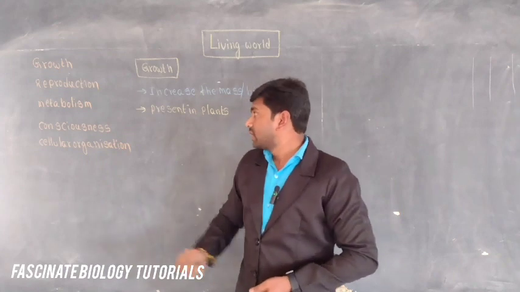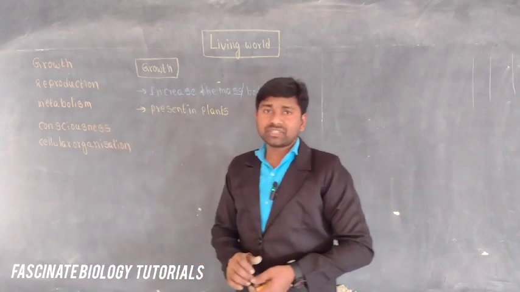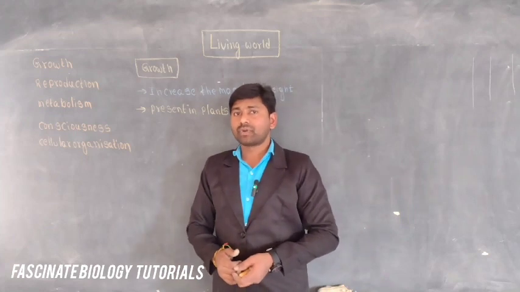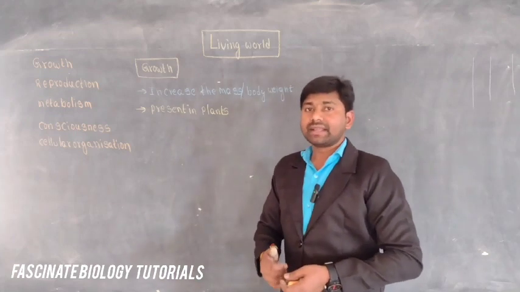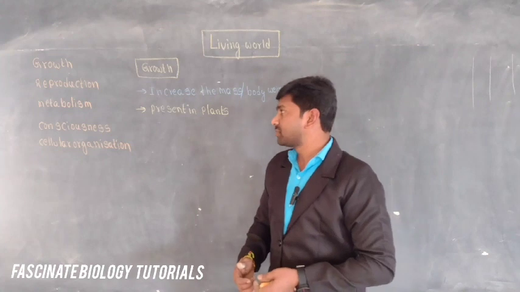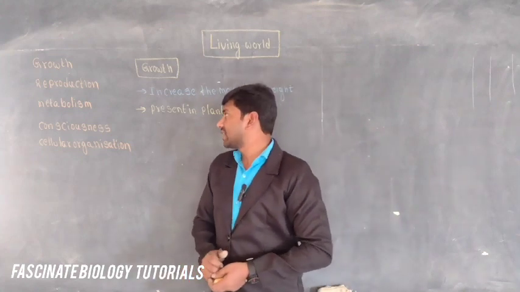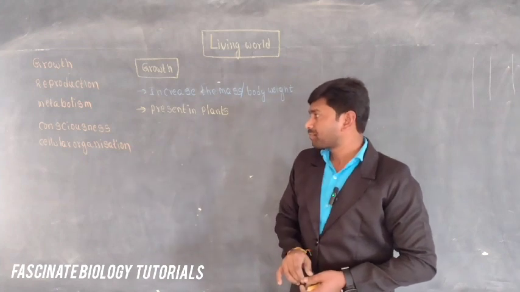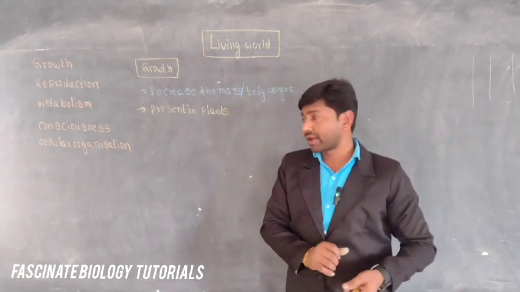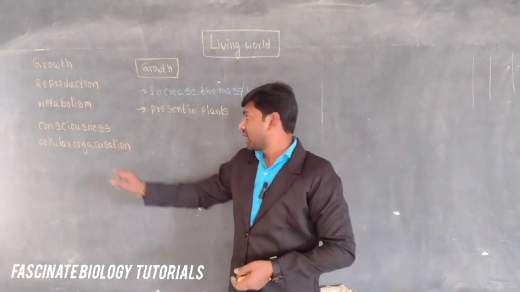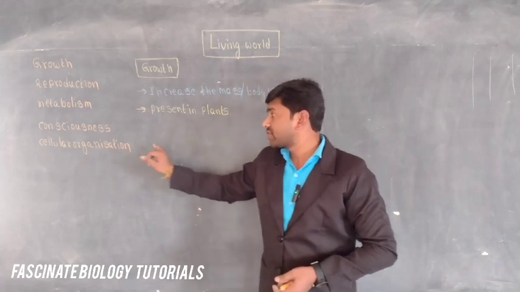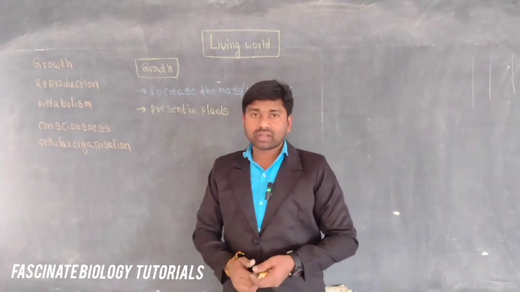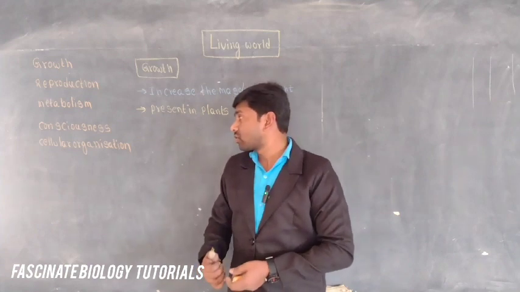Metabolism is a process by which organisms get energy from food materials and release waste material. Consciousness is awareness of the surroundings of the organism. The fifth one is cellular organization, which means the arrangement of organ systems in the organism.